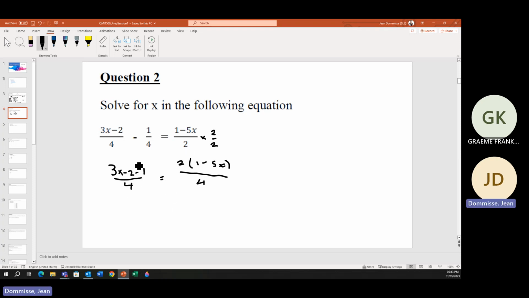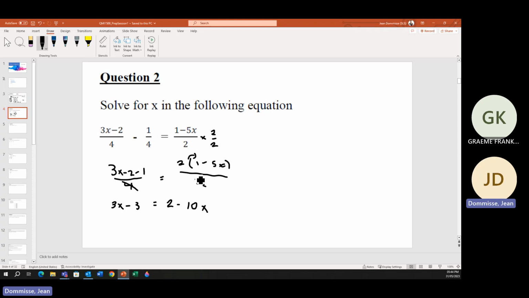And then, because both sides are divided by 4, I can just take that away, so that I'm left with 3x minus 3 on the one side. And if I multiply that in, I get 2 minus 10x on the other side.